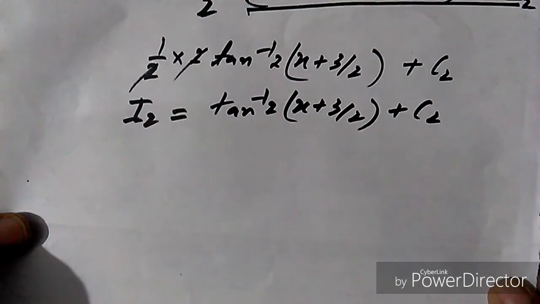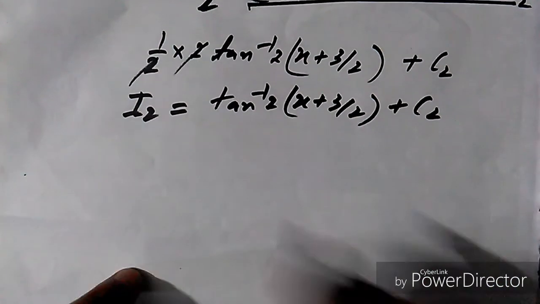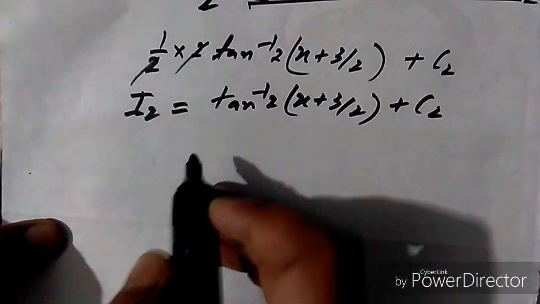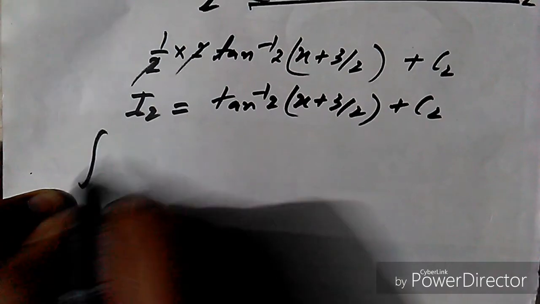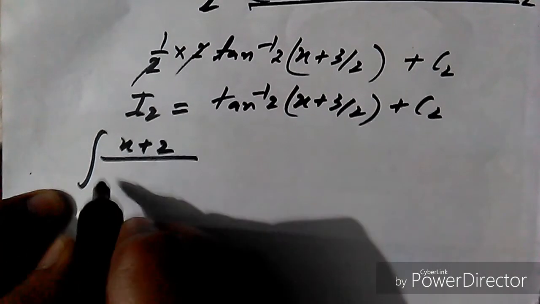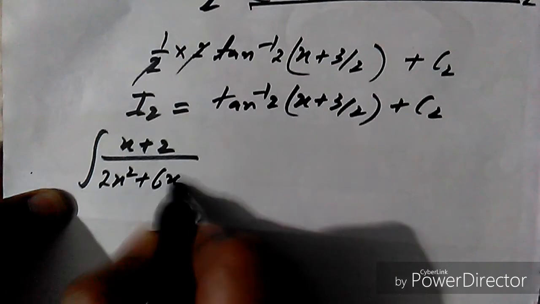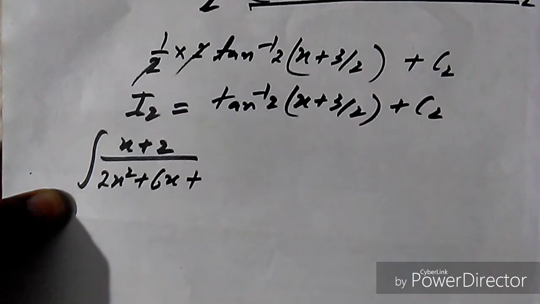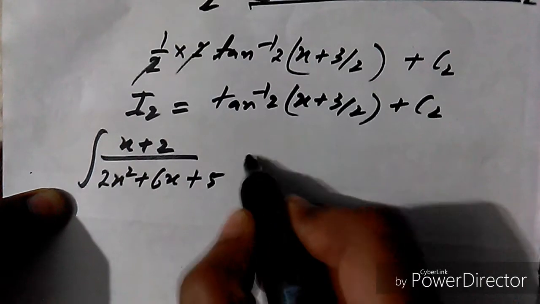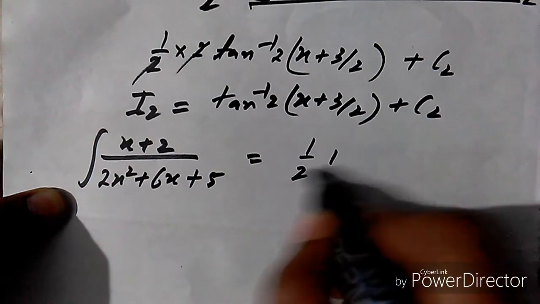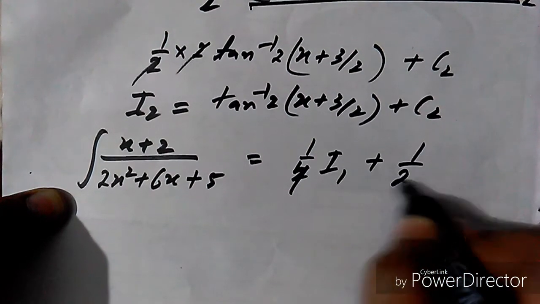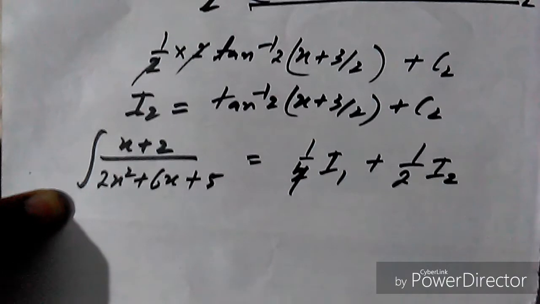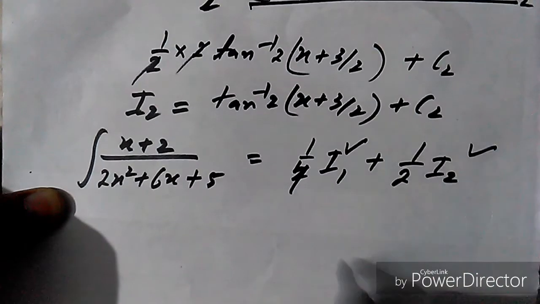Now we go back to the question, and we have already solved that. The question is integral of (x plus 2) by (2x square plus 6x plus 5) is equal to 1 by 4 I1 plus 1 by 2 I2, and we already solved the I1 and I2 parts.